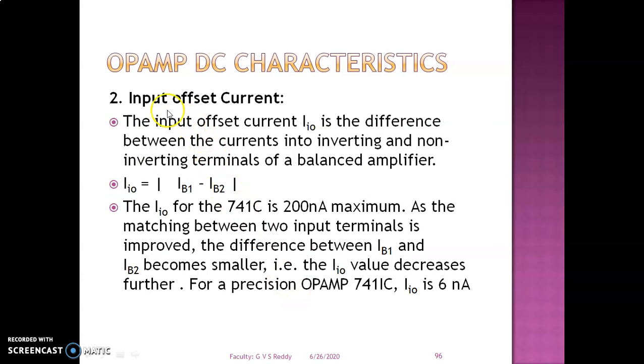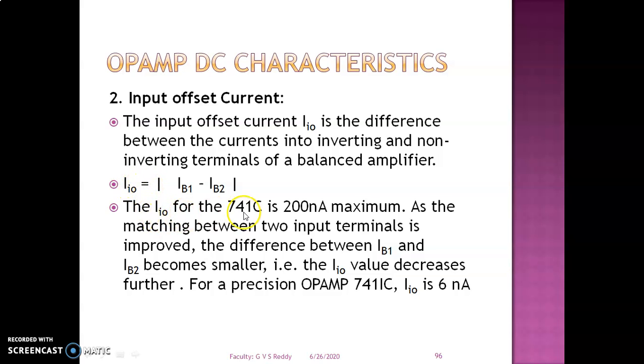Next, the second DC parameter is input offset current. The input offset current is the difference between the currents into the inverting and non-inverting terminals of a balanced operational amplifier. That is, the difference of the two input currents present at the input terminals, IB1 minus IB2.